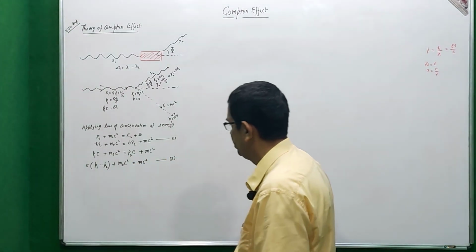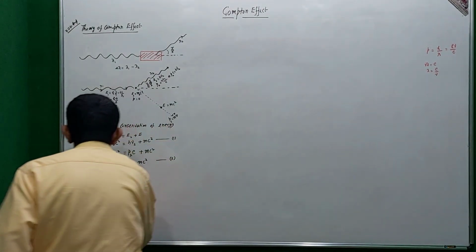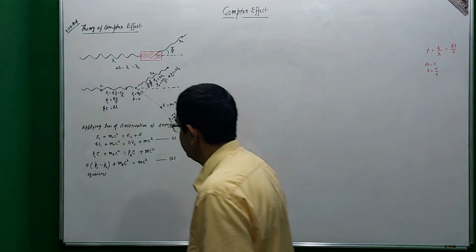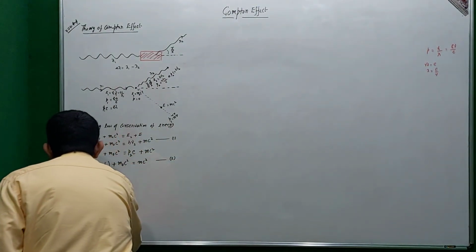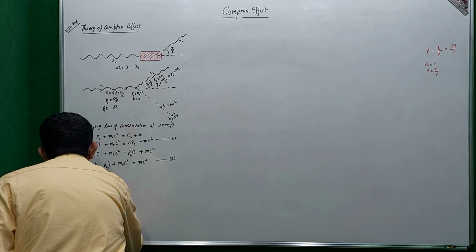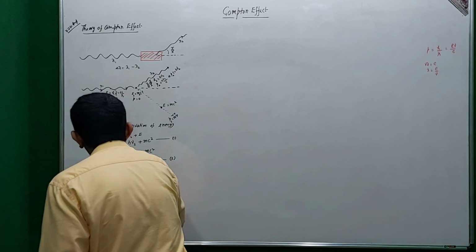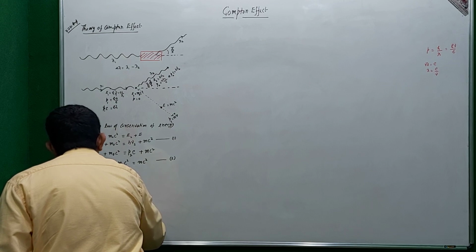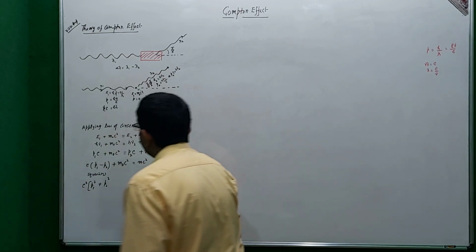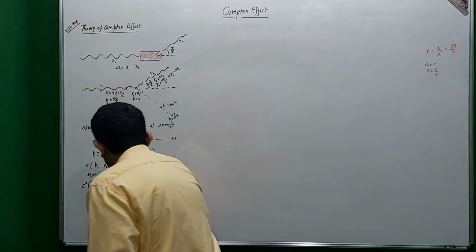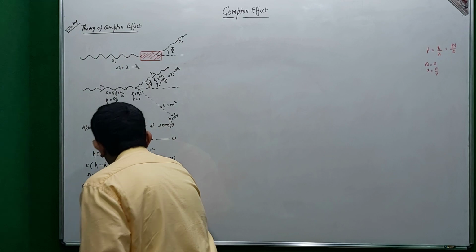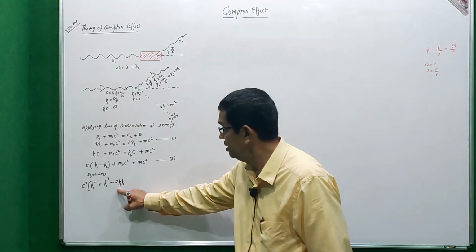We rearrange the equation. Now let us square this. What you will get on squaring: this becomes c square, and P1 minus P2 squared, P1 square plus P2 square, a minus b whole square, minus 2 P1 P2.